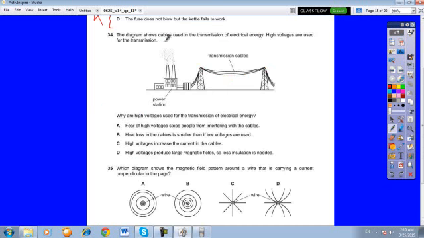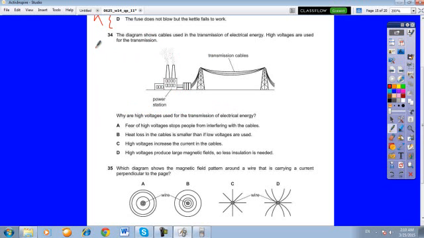34. The diagram shows cables used in transmission of electrical energy. High voltages are used for the transmission. Why are high voltages used for the transmission of electrical energy? We know that in transmission lines our aim is to reduce the energy loss and power loss.